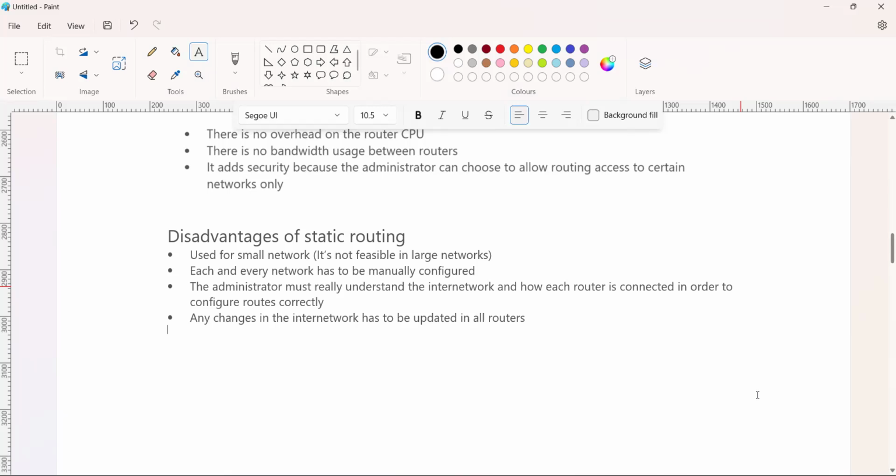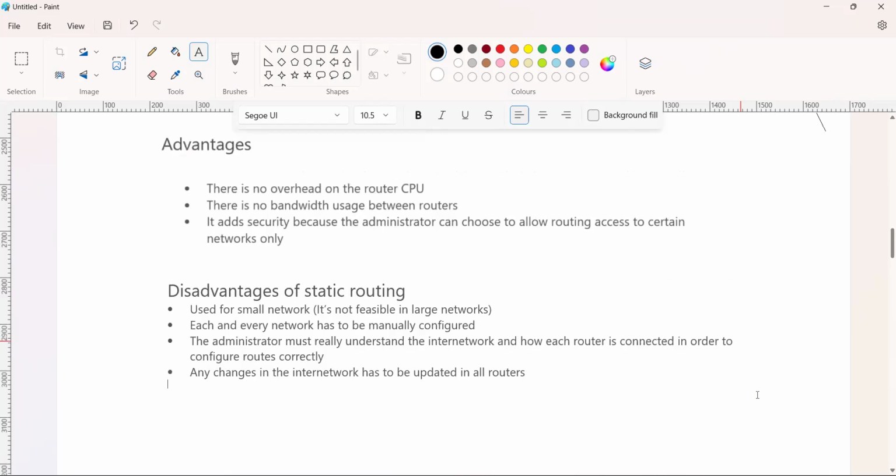Each and every network has to be configured manually. The administrator must understand the internetwork and how each router is connected in order to configure routing correctly. Means the administrator should know the entire routing information, each and every interface, the exit interface, the next hop IP address and the destination IP address.